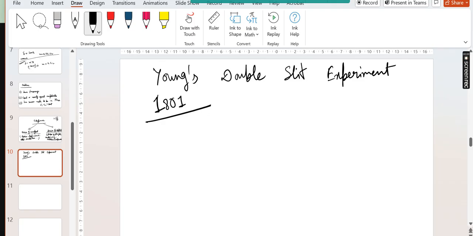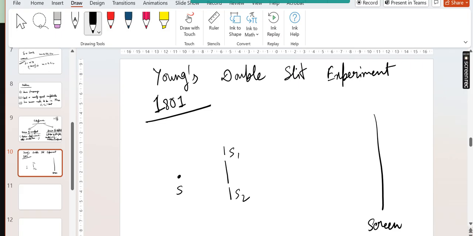He allowed sunlight to fall on a pinhole S, and then at some distance away he placed two pinholes, S1 and S2, and finally he put a screen here and saw an interference pattern. In the interference pattern, there are maxima, which are bright fringes, then minima, which are dark fringes, and so on and so forth.